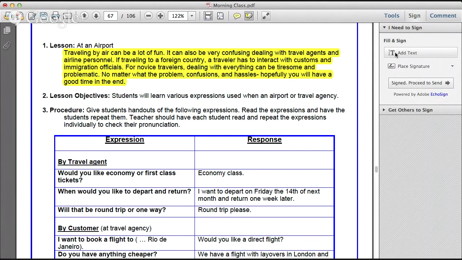For novice travelers, dealing with everything can be tiresome and problematic. No matter what the problem, confusions and hassles, hopefully you will have a good time in the end. Okay, all right, very good, thank you.